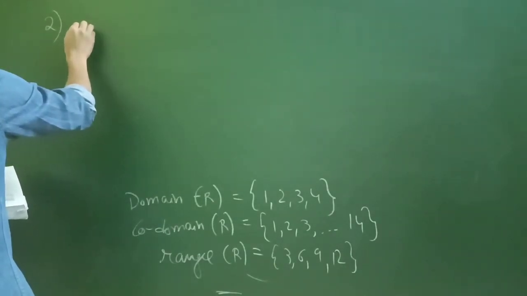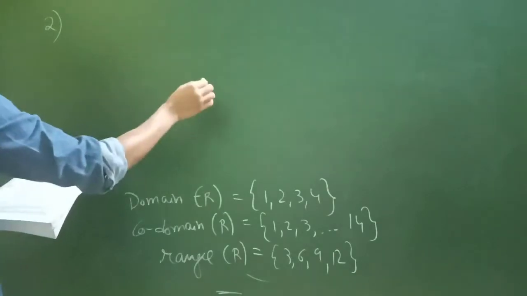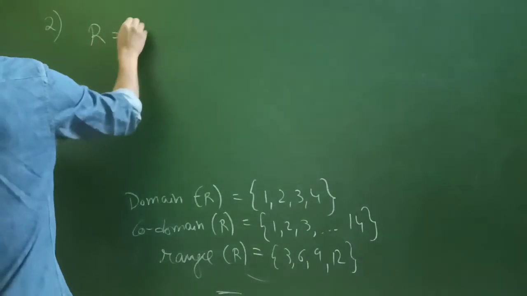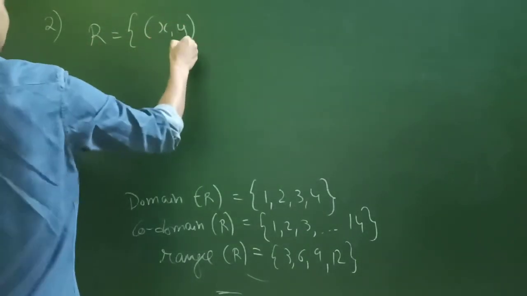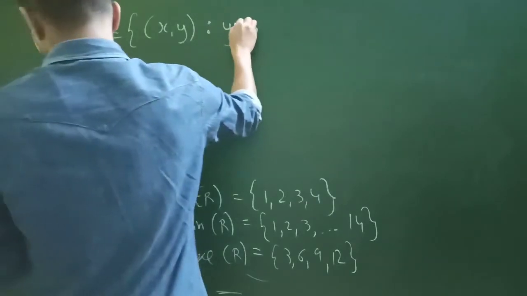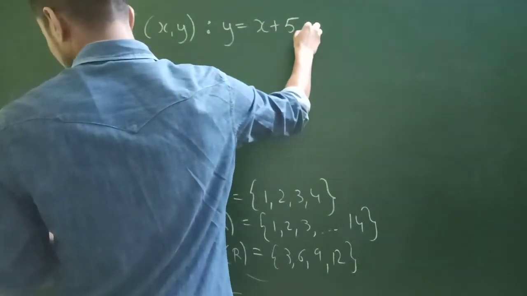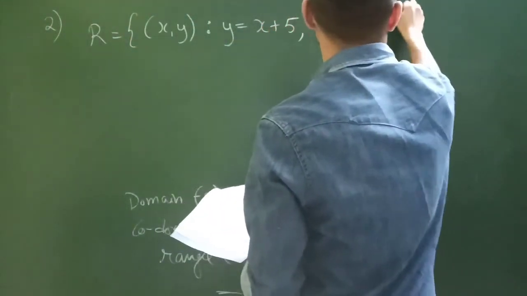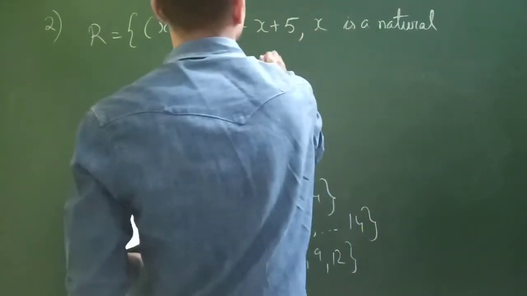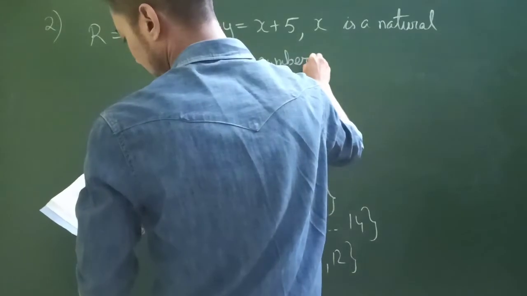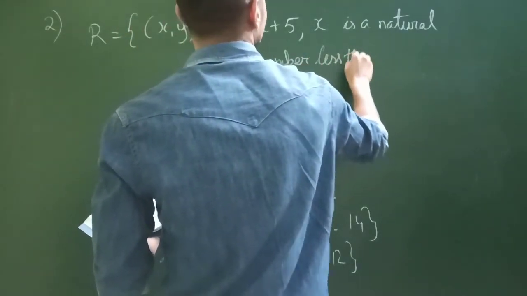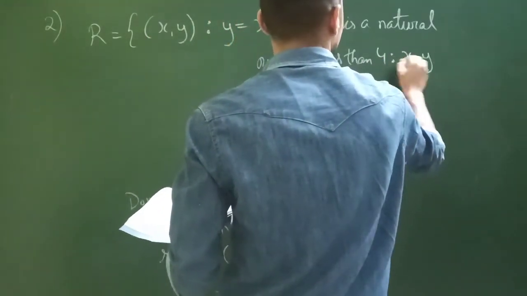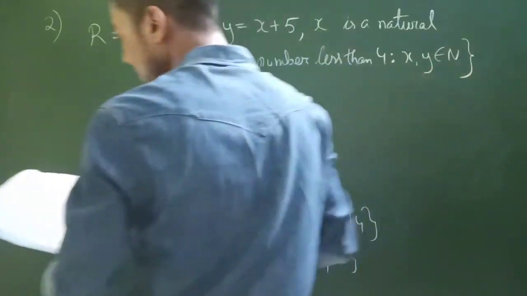Define a relation R on the set N of natural numbers, which is defined by the set R equals {(x, y): y = x + 5, where x is a natural number less than 4, and x, y both belong to natural numbers}.